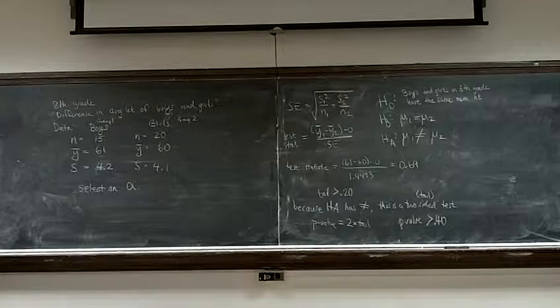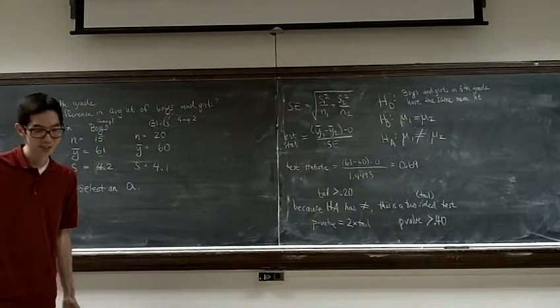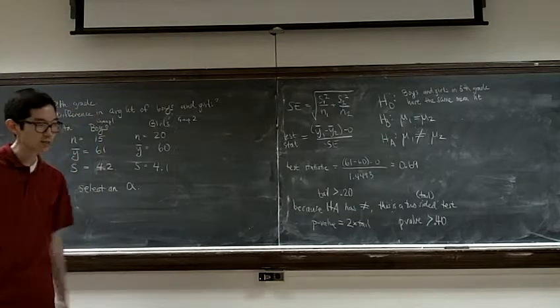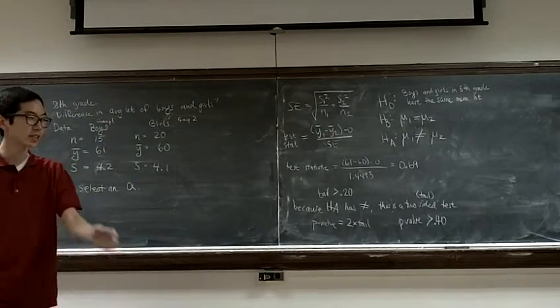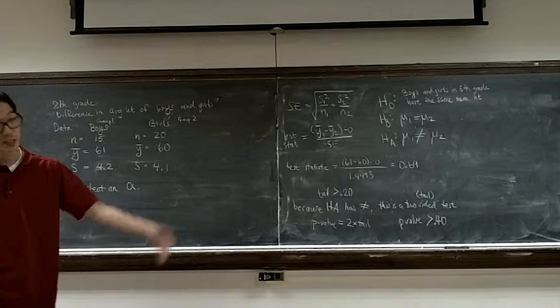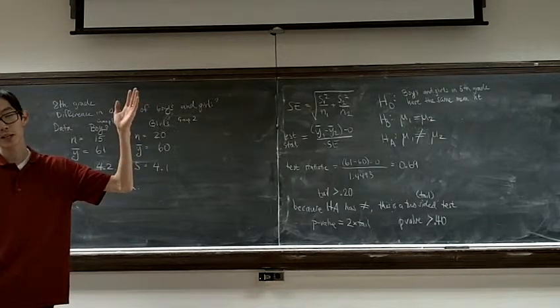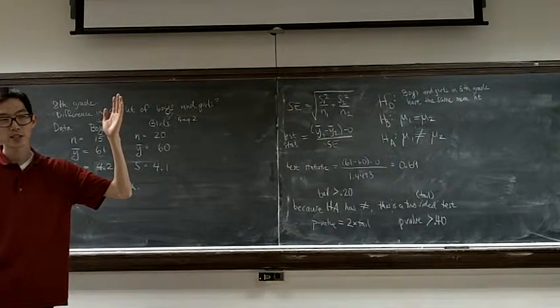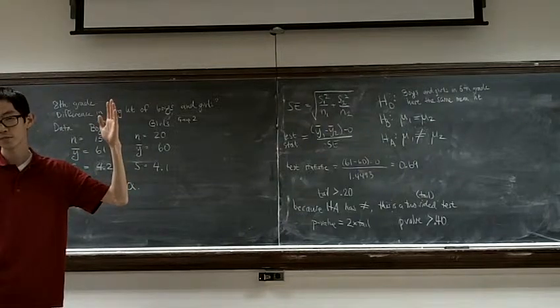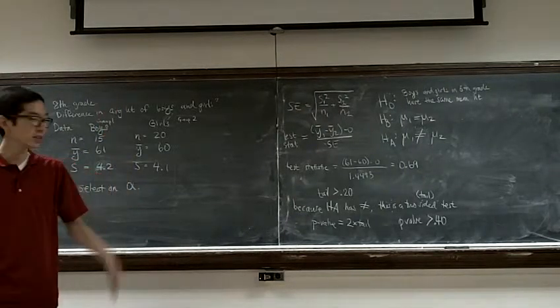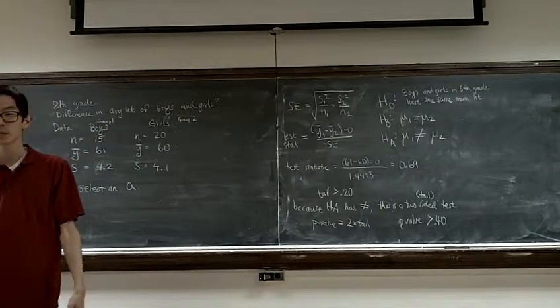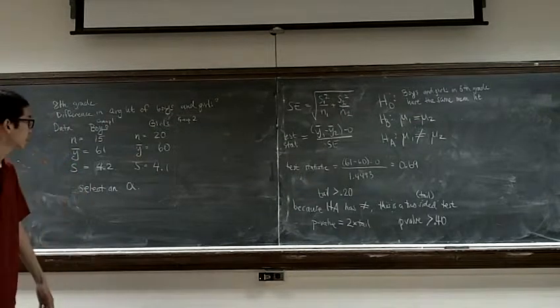Alpha is a line that you draw in the sand. It's an arbitrary line: if my p-value is bigger than this number, I'm going to say do not reject the null. If my p-value is smaller than alpha, I'm going to reject the null.